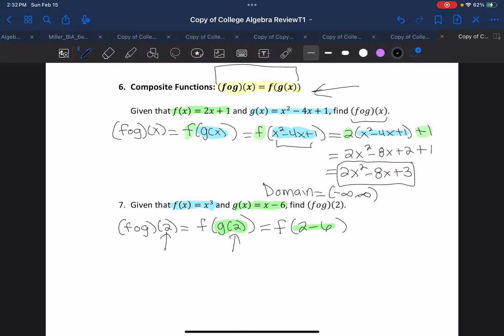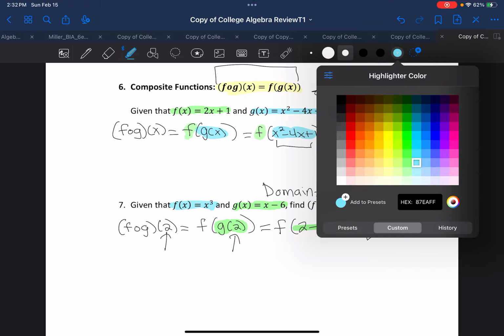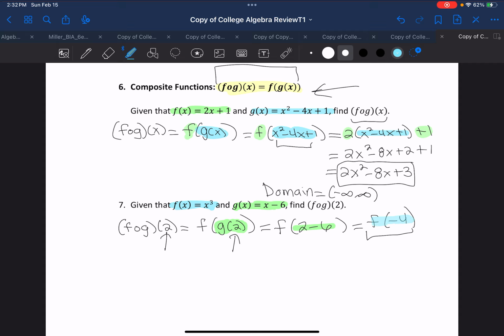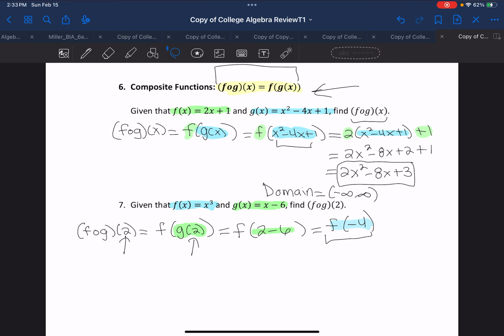And that is equal to negative 4. So now this notation tells me to plug negative 4 into f of x, which would be negative 4 all cubed, since that's what f of x is equal to, x cubed. And this would be negative 64.